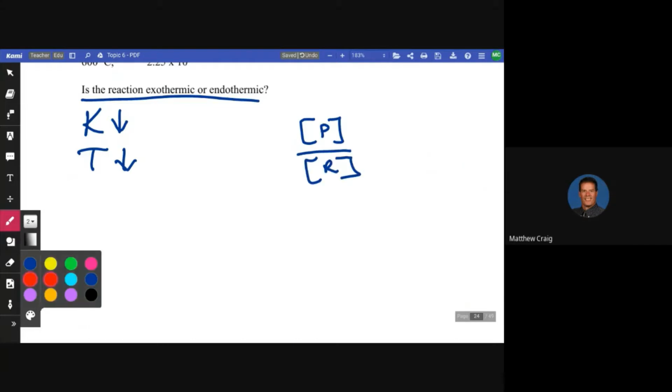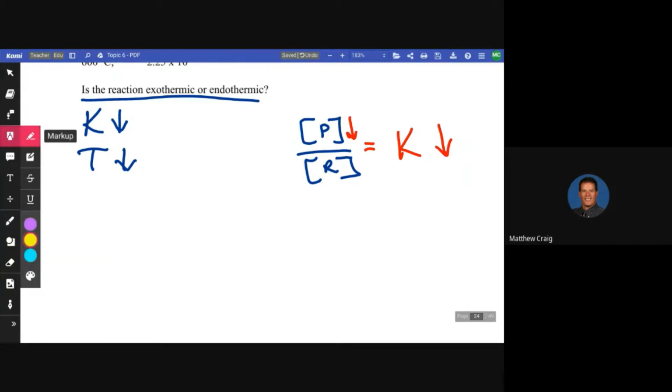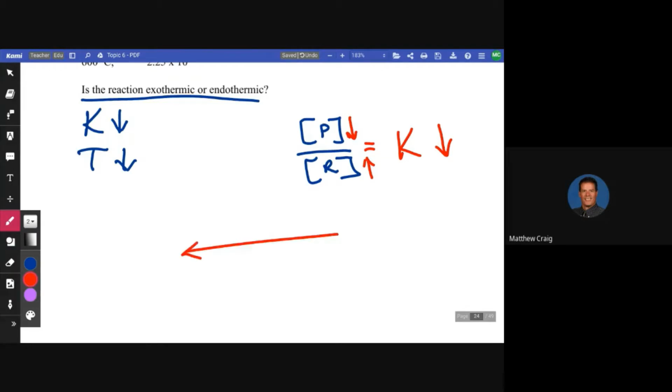Are the products increasing or decreasing? In other words, what is K doing? K is going down. Therefore, the products are going down. That's the easiest way to remember: the number on top is going to do the same thing as K. Therefore, the reactants have to be increasing. So my shift is to the left.